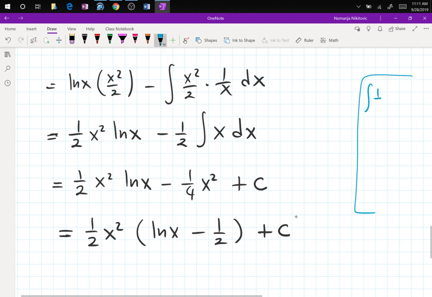See, the integral of 1 over x dx is equal to ln absolute x plus c.